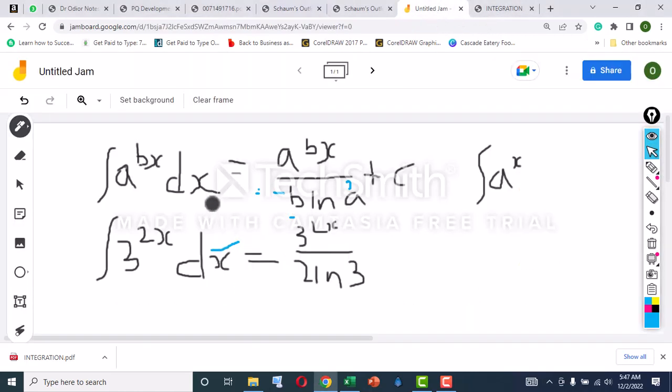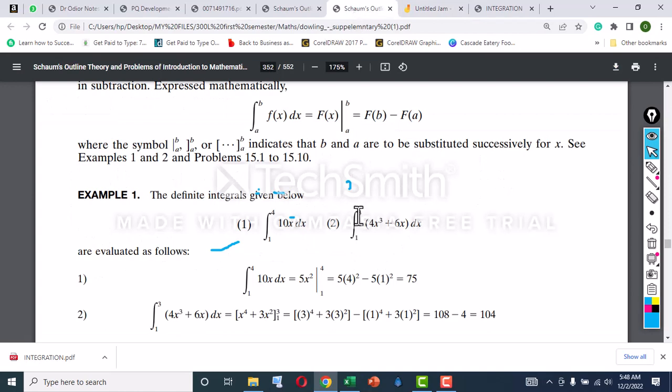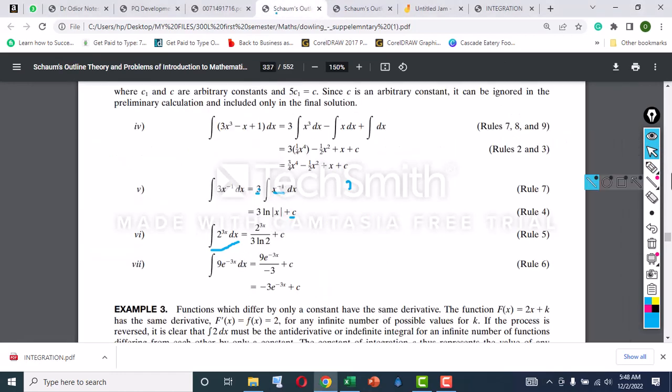You just use this rule, this particular rule I'm talking about, this one here. It's simply going to give you your question back.